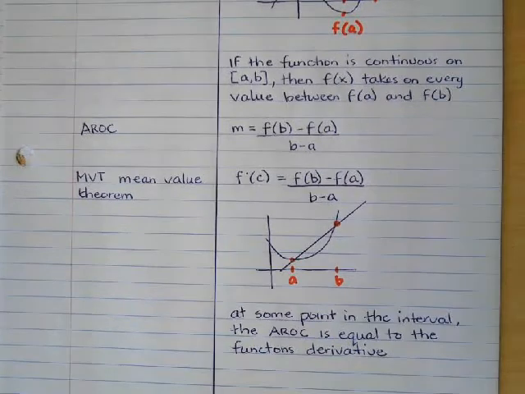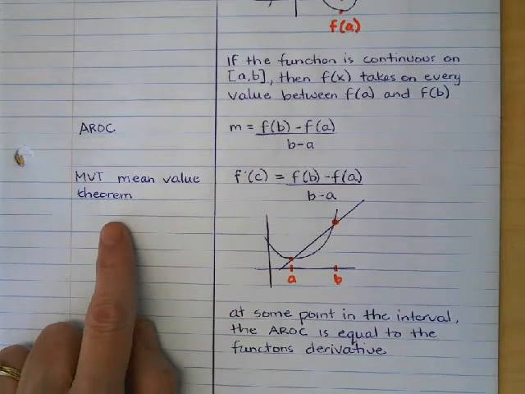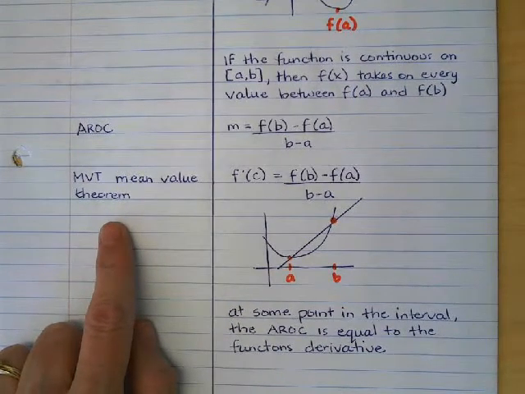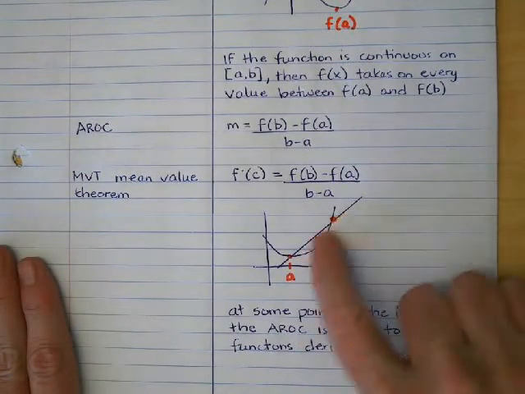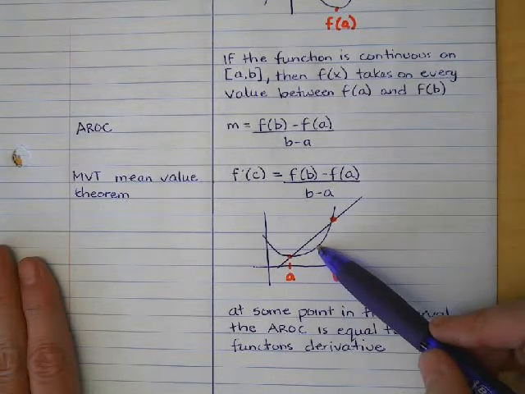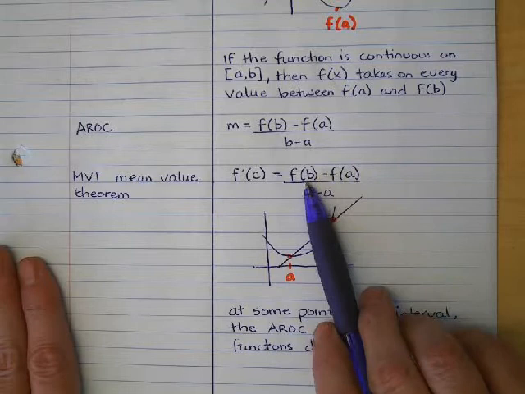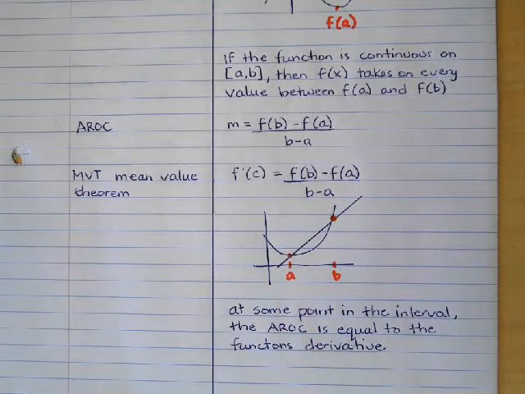Then we worked on the mean value theorem. It's not for integrals, because we're going to have an average value for integrals. What the mean value theorem said is that for the average rate of change on an interval, there's going to be some point where the average rate of change is equal to the instantaneous rate of change.